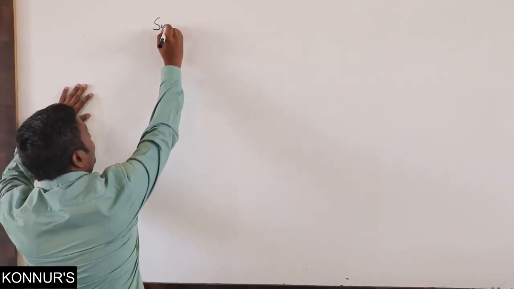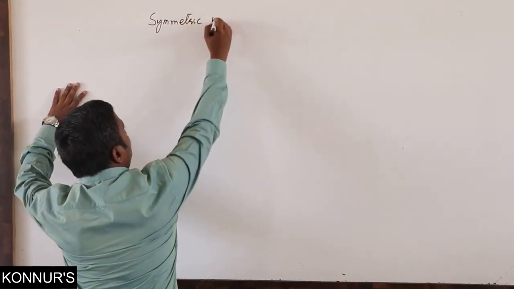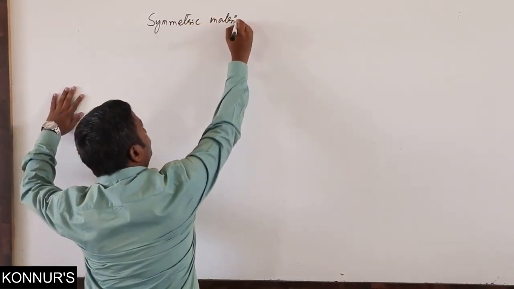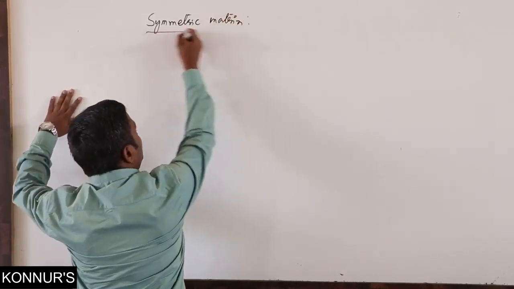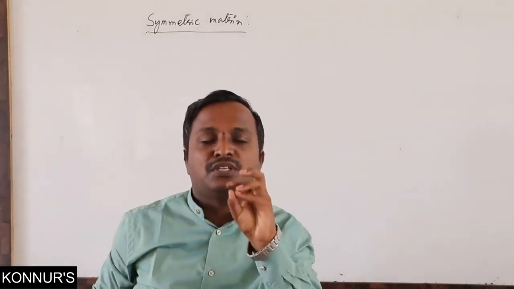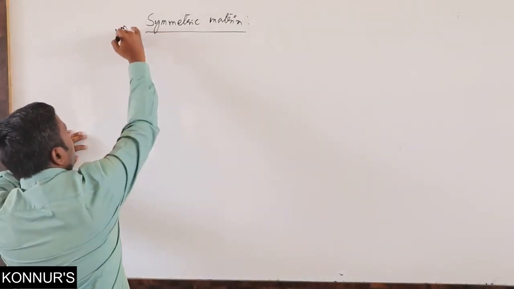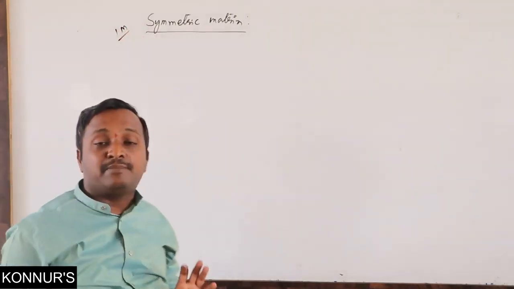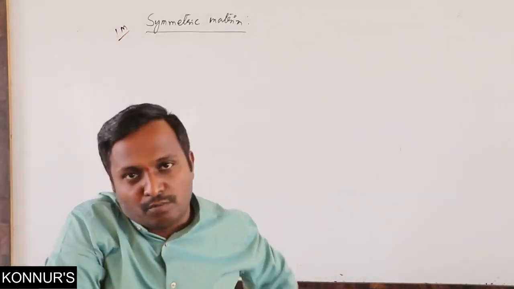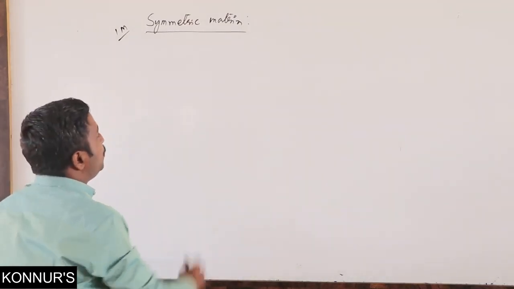We will discuss one by one. Symmetric matrix. There might be a chance of asking the definition for 1 mark. Define symmetric matrix. They may ask this question for 1 mark, and related examples also will be there.